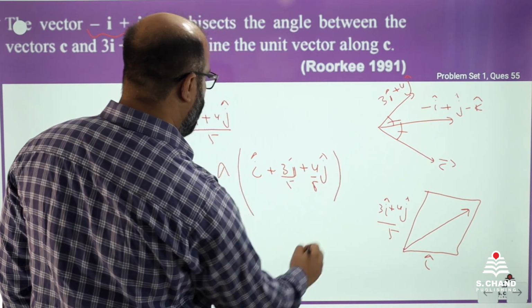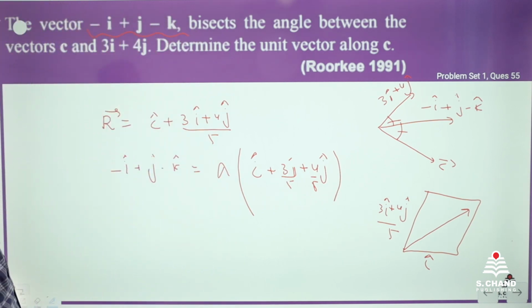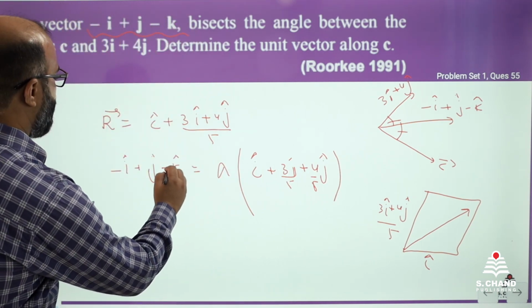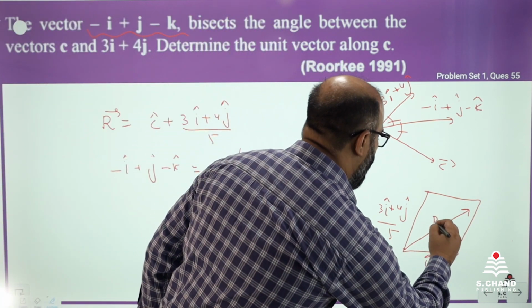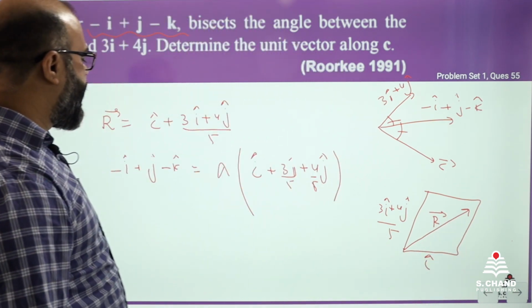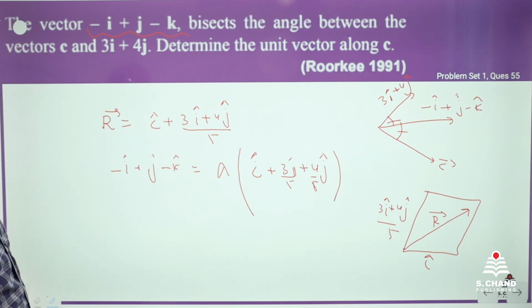We can always write it like this. So this vector R is actually lambda times this. Now we have to determine the unit vector C here.